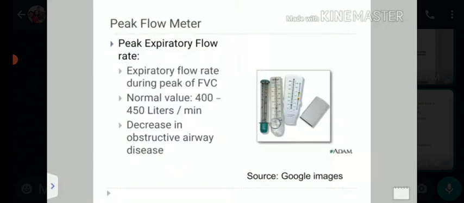Another parameter is peak expiratory flow rate, that is the expiratory flow rate during the peak of FVC, and the normal value is 400 to 450 liters per minute. It is measured by a peak flow meter that is depicted here, and this flow is reduced in obstructive lung diseases.